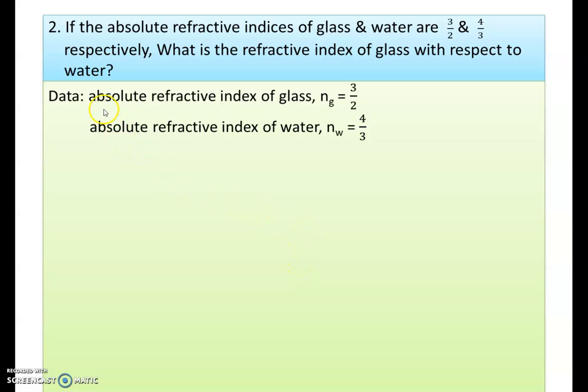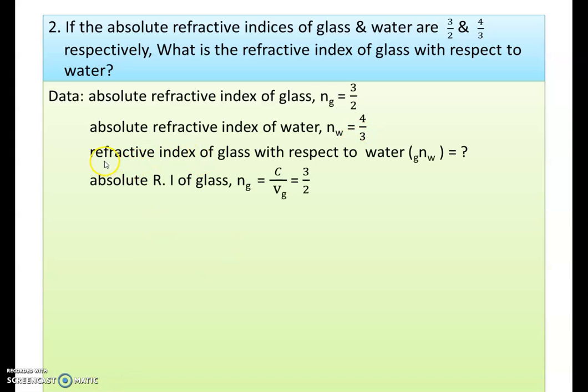The absolute refractive index of glass is given, which is indicated by Ng. It is 3/2. The absolute refractive index of water is also given, that is Nw equal to 4/3. We have to find out the refractive index of glass with respect to water.